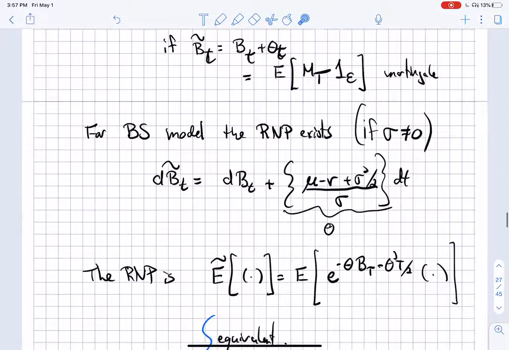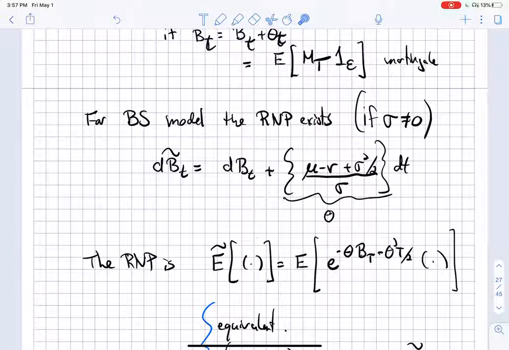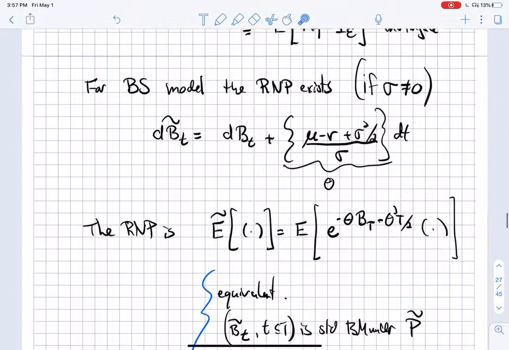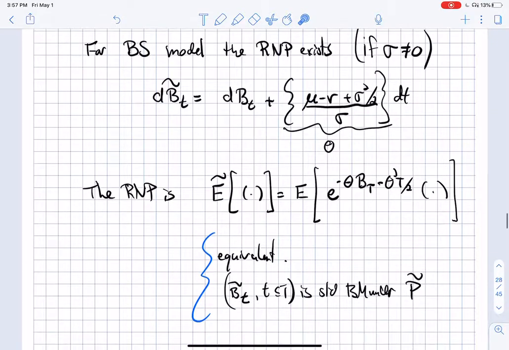Let's just go for the Black-Scholes model right away. This solves the question of the existence of the RNP for Black-Scholes. So if sigma is not equal to 0, that's very important, then I can divide by sigma here. So this is my drift. Now I want a new probability that is equivalent and for which this drift is 0. I can subtract the drift, and so I just applied the theorem.